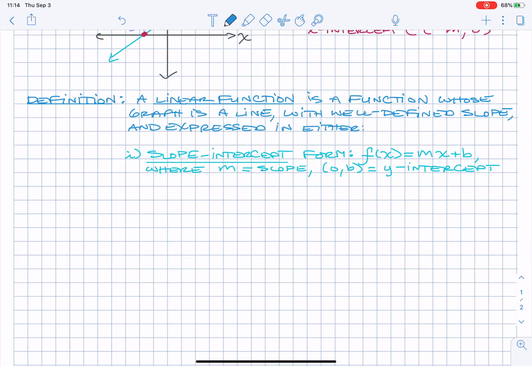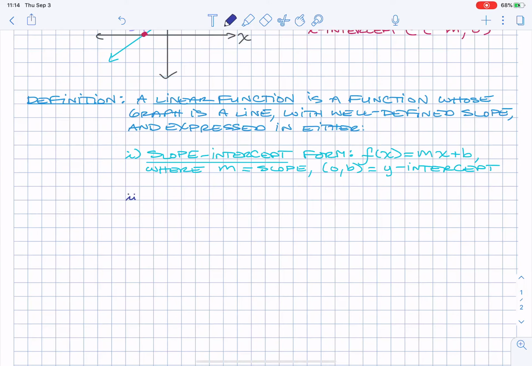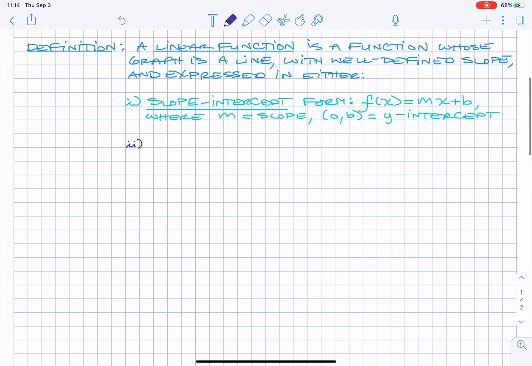Then the next definition. There's another form called the point-slope form of a line.